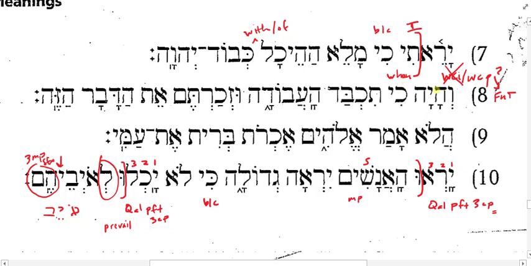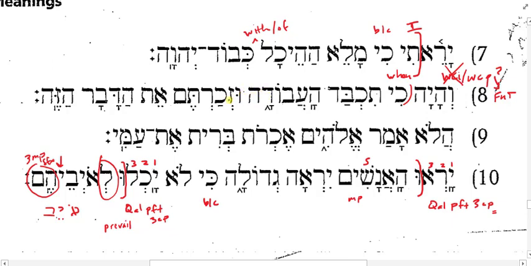And, if you're using Old King James, and it will be when such and such happens in the future. Okay? But we're just going to translate starting here. So, when tikbad ha'avodah, when the avodah, the work, is kaved, with the imperfect. So when the work is heavy, future time, okay, what will happen?